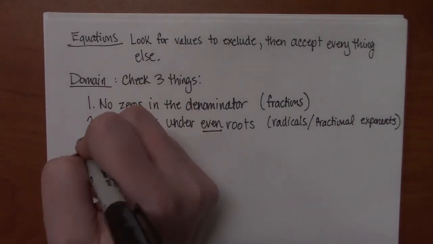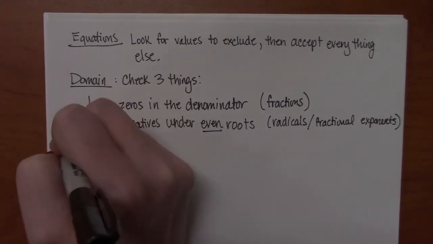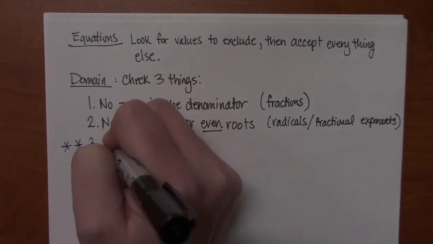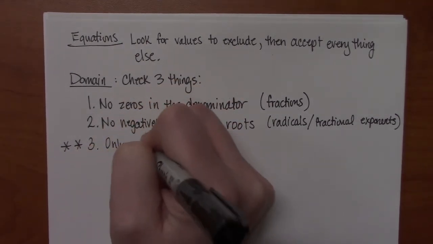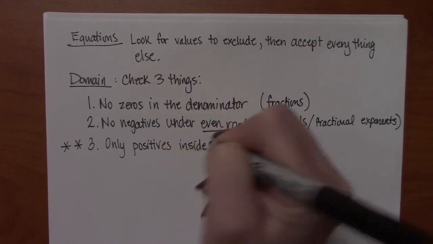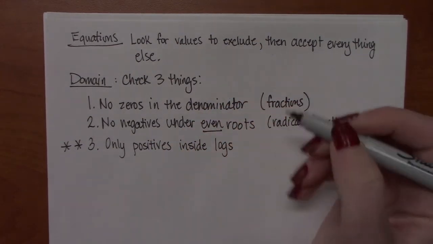And then the third rule, which we're just going to put little asterisks because this will come into play in Unit 2, but only positives inside logs.